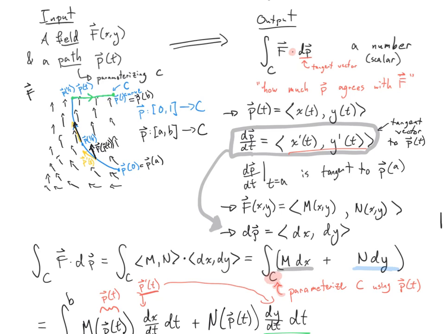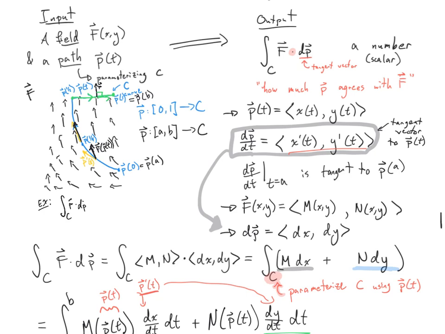Now, if you're on the green curve, then f at time t is going up, but your tangent direction is orthogonal to that, and so you're going to be adding 0 to your integral. So you're just taking a big integral that adds up at a bunch of different times, 0, 0, 0, 0, 0.